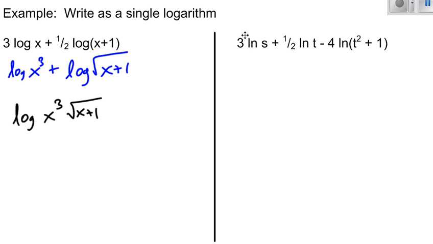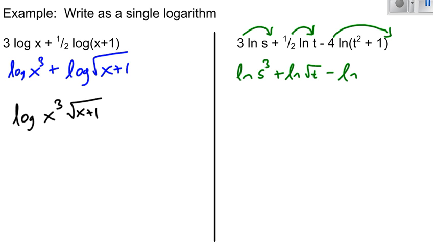We can do a similar thing with this example. Numbers in front become powers. So this becomes natural log of s cubed plus natural log of t to the 1/2, so square root of t, minus natural log of t squared plus 1 to the 4th.